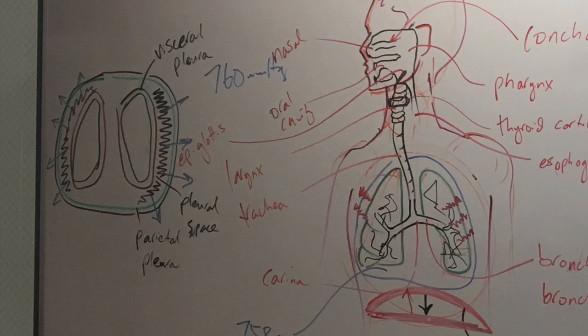It's called the pleural space. And that pleural space is tiny. You know, I drew it really big here. So this pleural space is kind of like what's shaded in black. It's the space between those two layers of connective tissue. It's tiny, but I drew it really large.